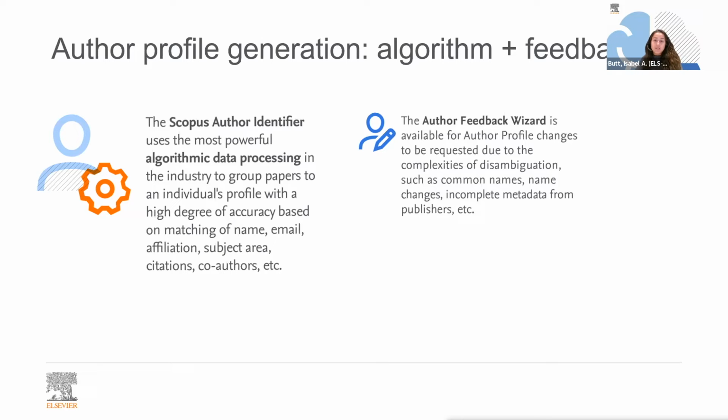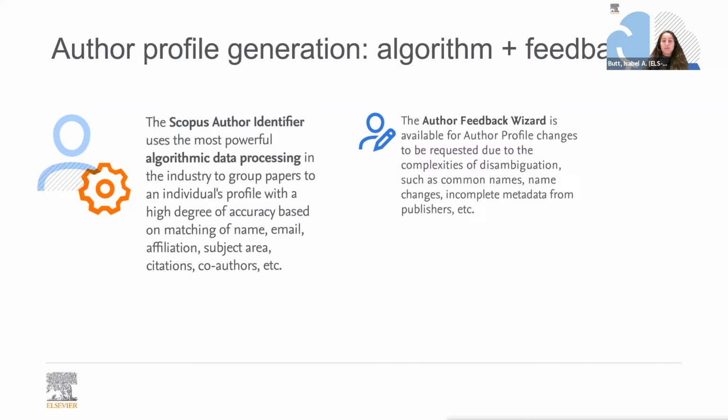Because of the complexity around author disambiguation, the algorithm alone may not be perfect, especially in tricky cases, for example, if you've got married and changed your name or moved to a new subject field. So we also offer the opportunity for authors to request manual updates and edit their profile. And I'll give you a bit more detail on how you do this later.